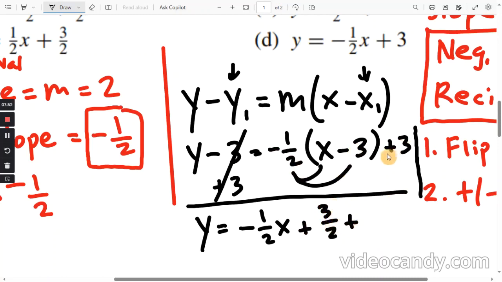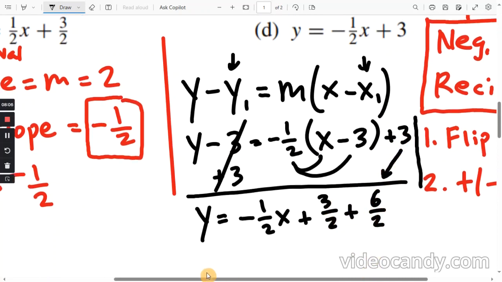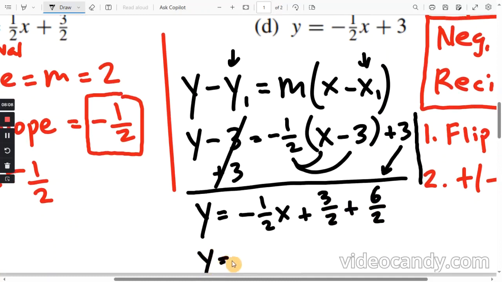Now, I'm going to have to add 3/2 plus 3, so I might as well make a common denominator of 2. 3 is the same as 6 over 2. So now I have a common denominator, and I can actually add. All right, y equals negative 1/2 x. 3 plus 6 is positive 9, and the common denominator is 2.